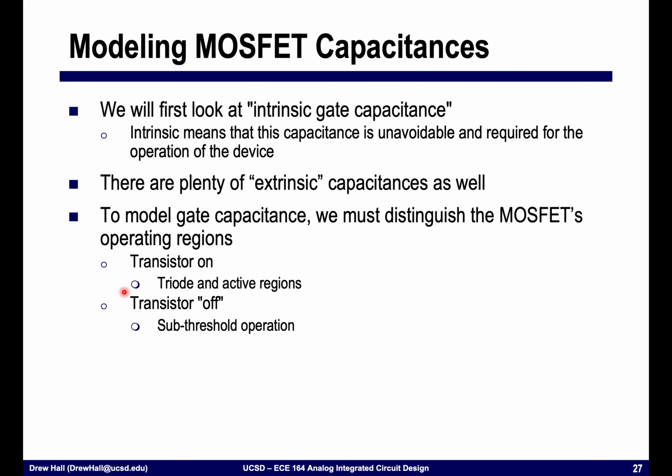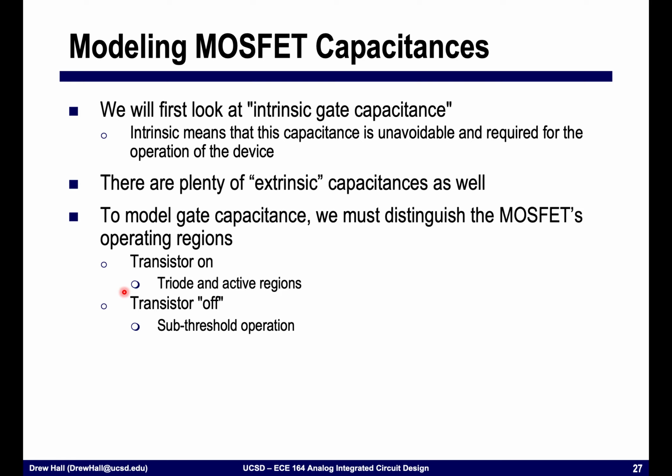The extrinsic capacitances, on the other hand, are what we would call parasitic or unwanted capacitances that are there because of how we made the device. And this will become very clear when we actually start to draw out the device.